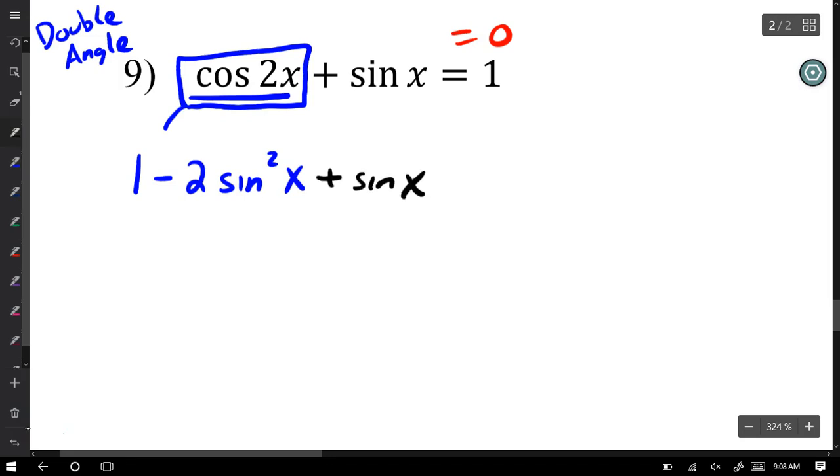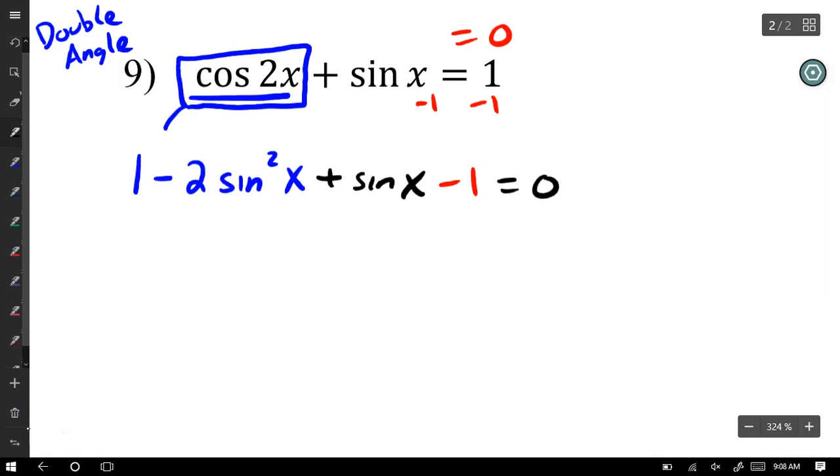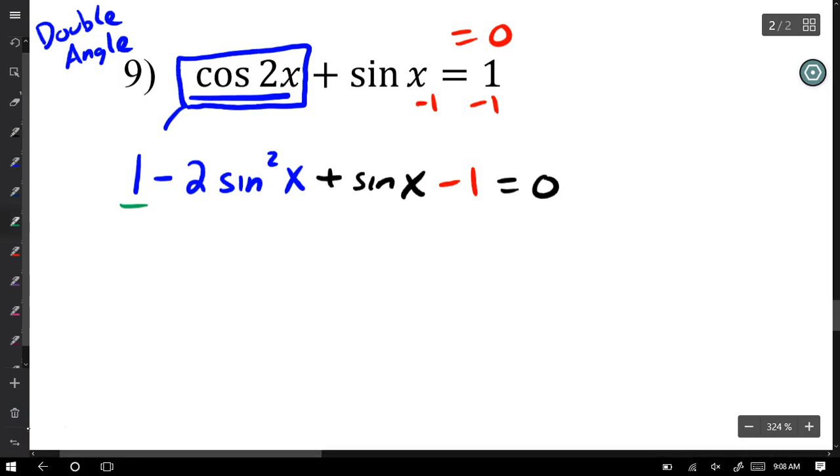And I know I want it to be equal to 0, so I'm going to subtract 1. It's not going to combine right now, I'll just put it minus 1 equals 0. Now let's see what happens. Well, the 1 and the -1 are going to cancel each other out. So I have -2 sine squared of x plus sine of x equals 0.